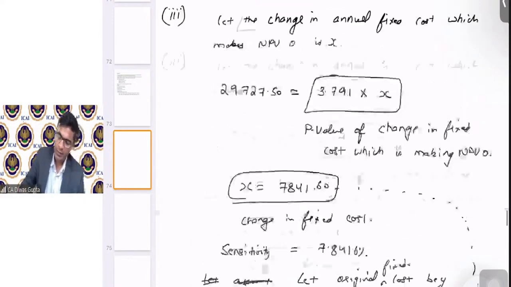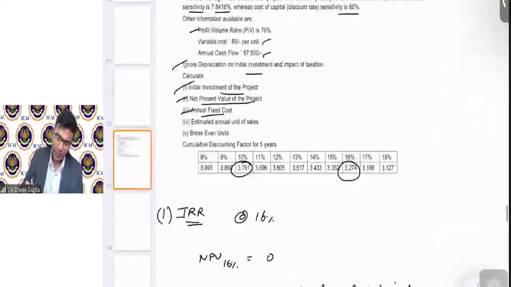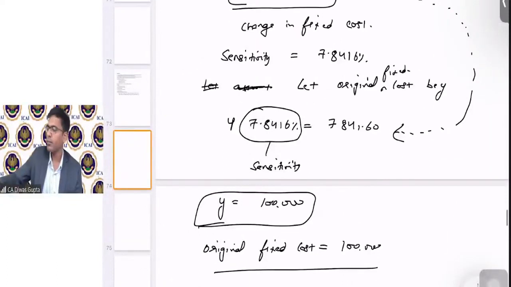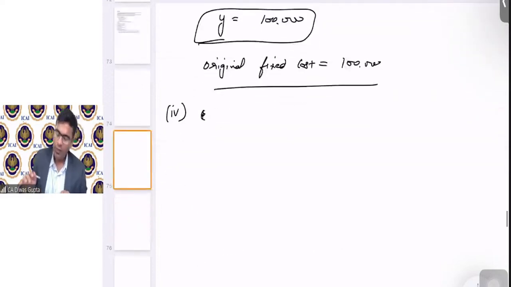Okay, students, let's come to the next part, estimated annual unit of sales. For calculating the annual unit of sales, first we have to arrive at the total sales value. For doing that, we have to arrive at the selling price.